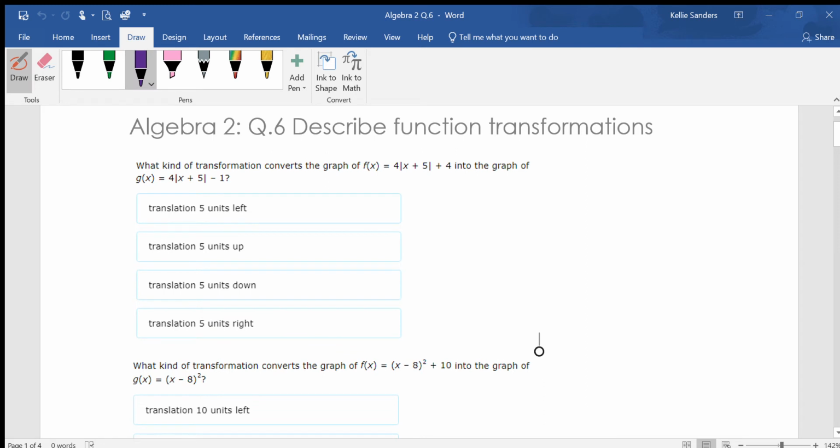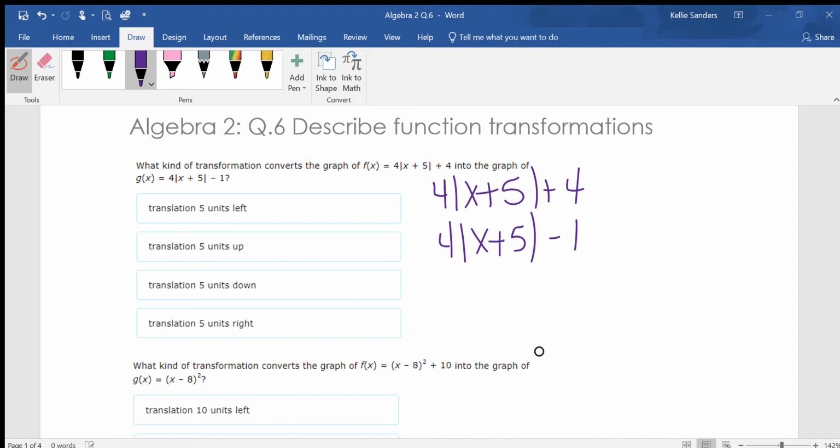6, again, this is pretty much going to be a review. So, describe function transformations. If we had this and it went to this, what changed?